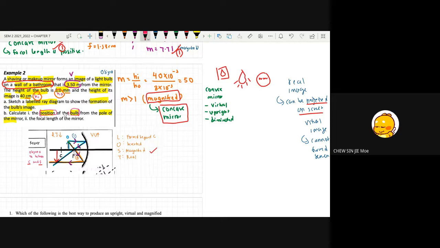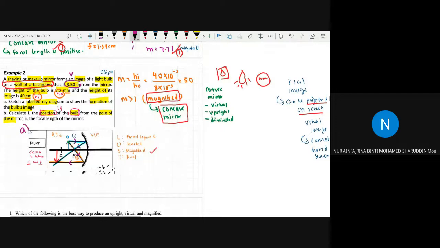In front of the mirror. Okay, correct. The position of the object in front of the mirror, meaning when the question say the position of the object of the bulb from the pole of the mirror, dia minta you cari object distance.